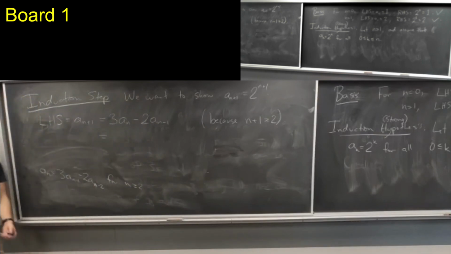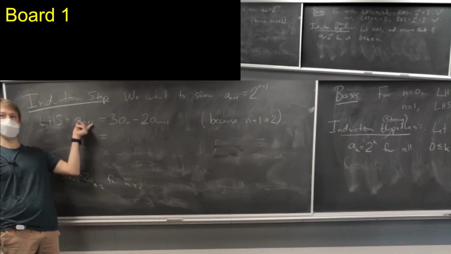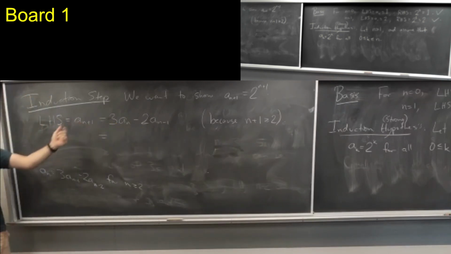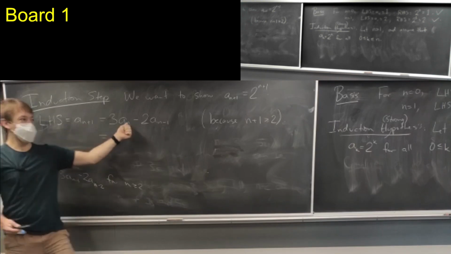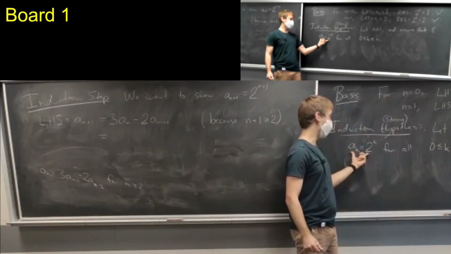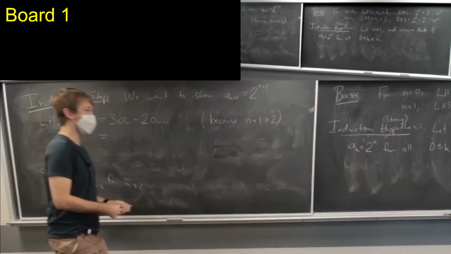And now what do I do? We've written the n plus 1 case in terms of these earlier cases. Well, by the inductive hypothesis, I know what these earlier cases are. I know that ak is 2 to the k for all k between 0 and n. So in particular, an is 2 to the n, and I know an minus 1 is 2 to the n minus 1.